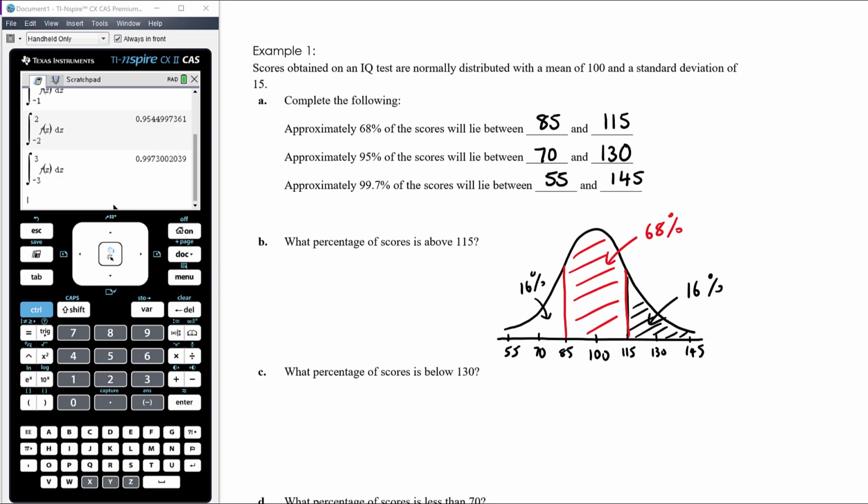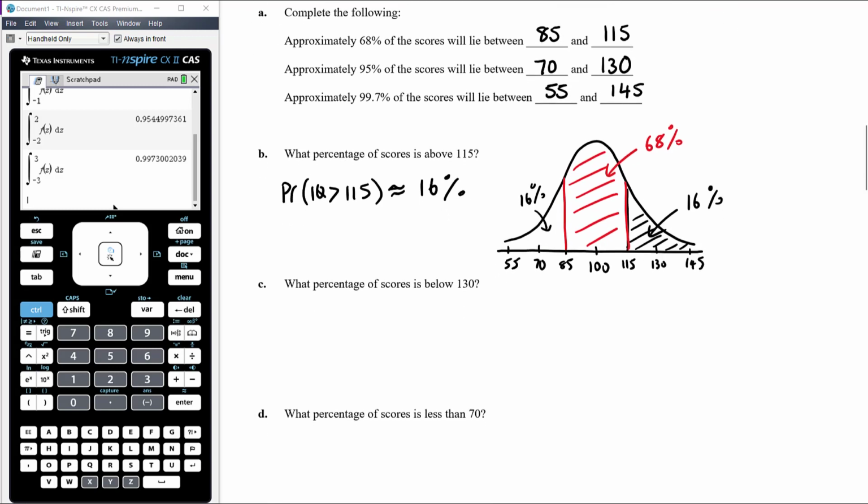Okay? So the probability that someone has an IQ score bigger than 115, now remember it doesn't matter whether it's bigger than or equal to or bigger than, it's a continuous random variable, is, so it says what percentage, normally I'd give a probability as a decimal, 0.16, but what percentage, we know it's not exact, but it's approximately 16%.